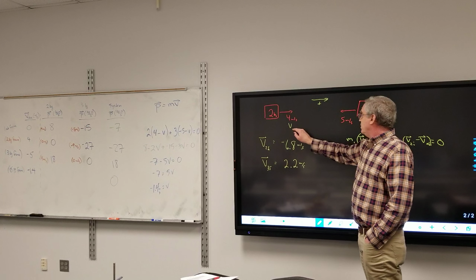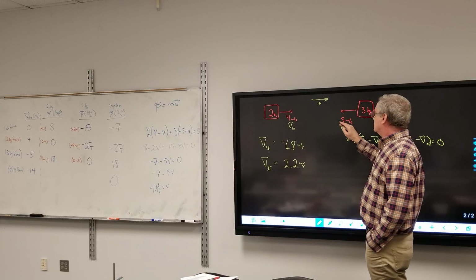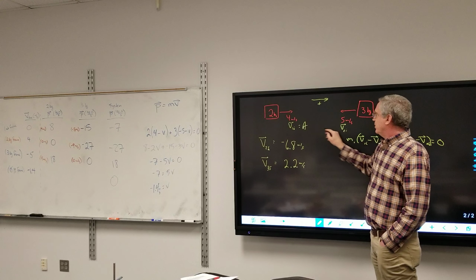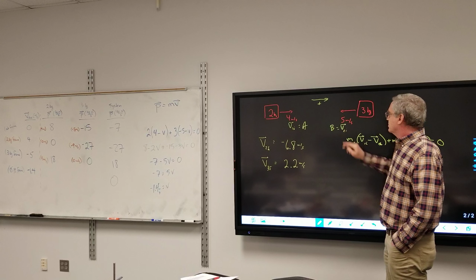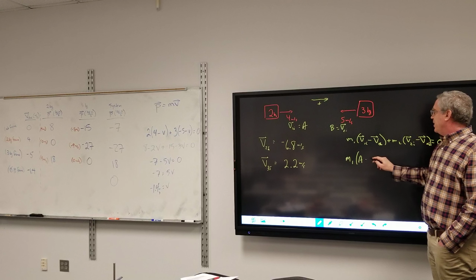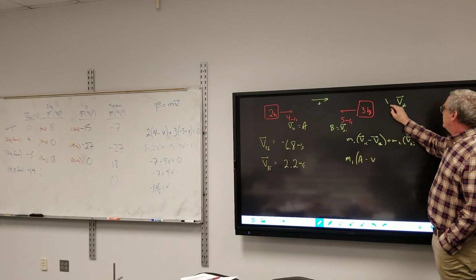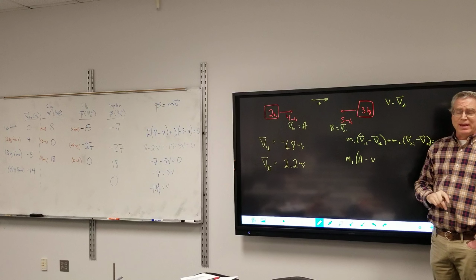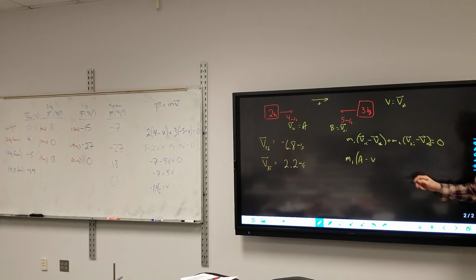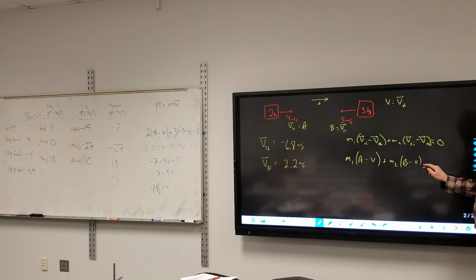So this would be V1 initial and V2 initial, but I'm going to simplify that, we'll just make that a capital A and make that D. So I've got M1 A minus, and we'll let V equal the velocity of the observer. Again, just trying to simplify the notation. The more subscripts I write, the more apt I am to make a mistake. Plus M2 D minus V equals 0.